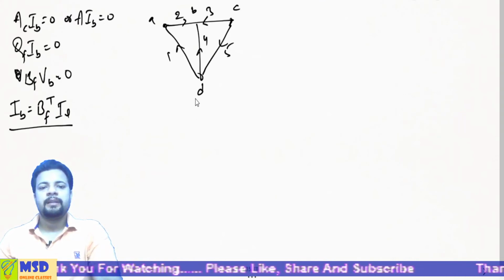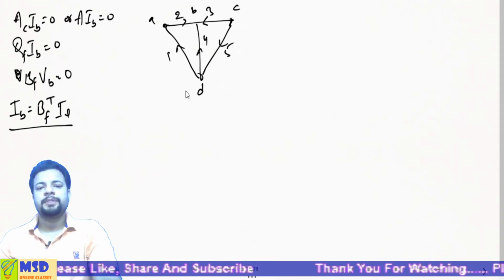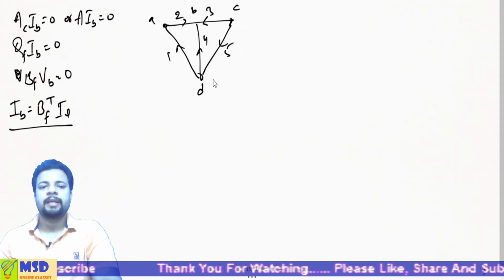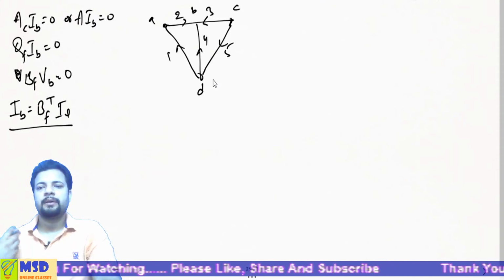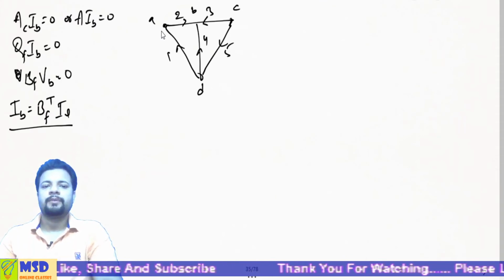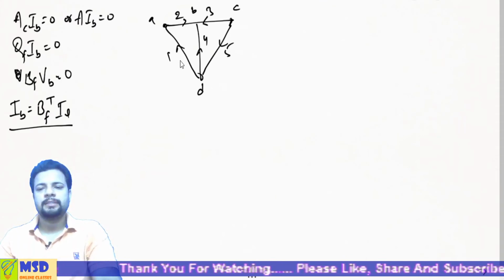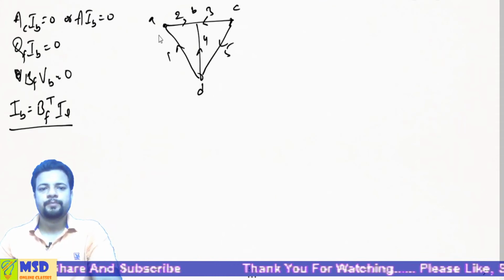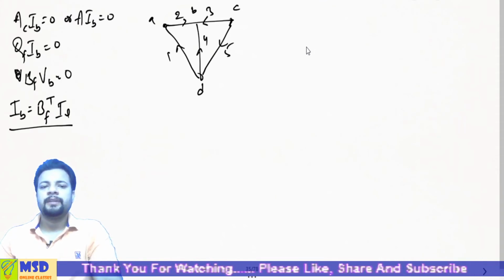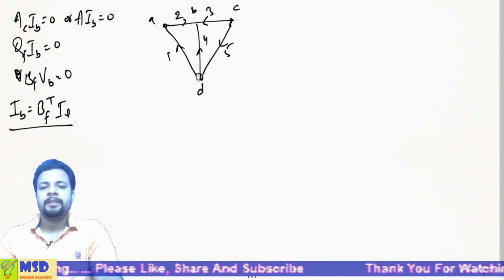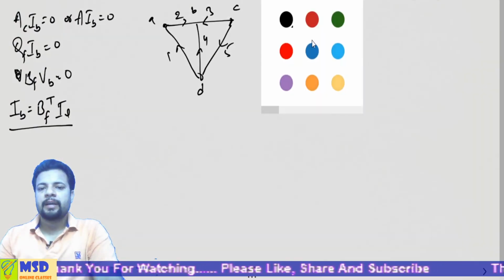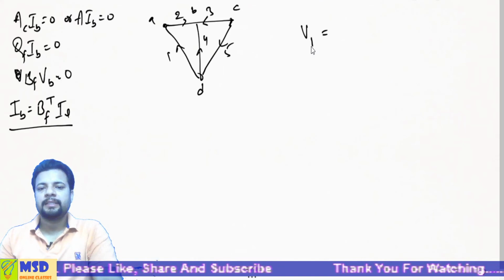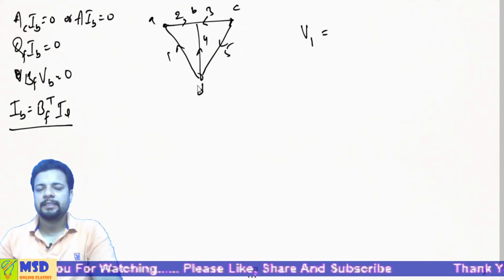Here we can skip information of any one node, taking it as the reference, and then we can develop relations for the remaining nodes and branch currents, or let me just take all the nodes first. Here, V1, the branch voltage across branch number 1, is the difference between these two node voltages.